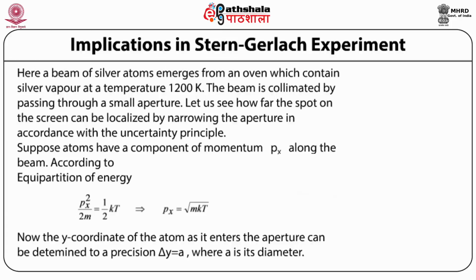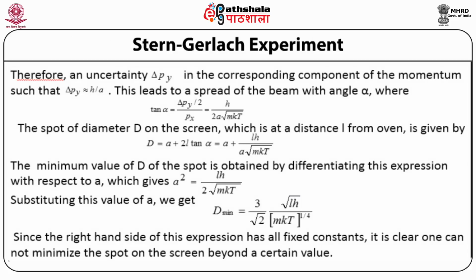Now, the y-coordinate of the atom as it enters the aperture can be determined to a precision delta y equal to a, where a is the diameter of the aperture. Therefore, there is an uncertainty delta py in the corresponding component of the momentum such that delta py is approximately equal to h by a, where h is the Planck's constant and a is the width of the aperture.